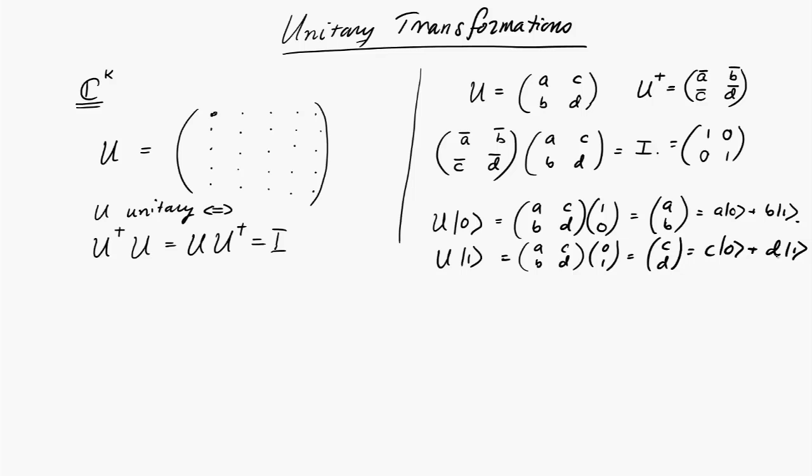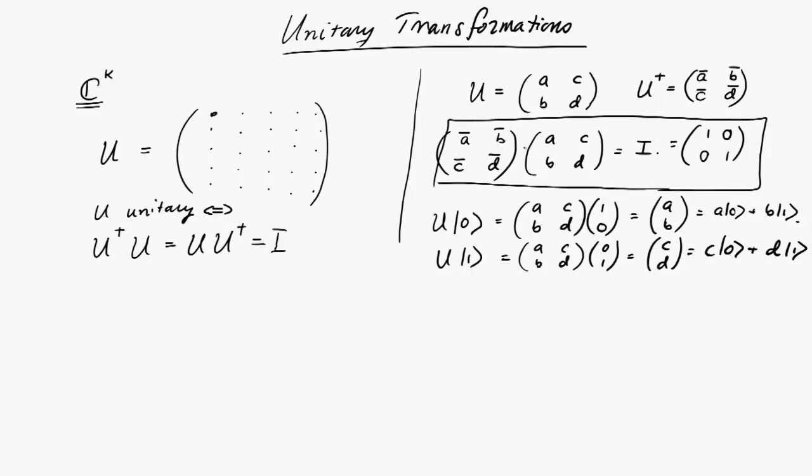Now, what does this relationship tell us about where 0 and 1 get mapped to? Well, can we say something about the relationship between A0 plus B1 and C0 plus D1? Well, we can look at the inner product. What's the inner product?